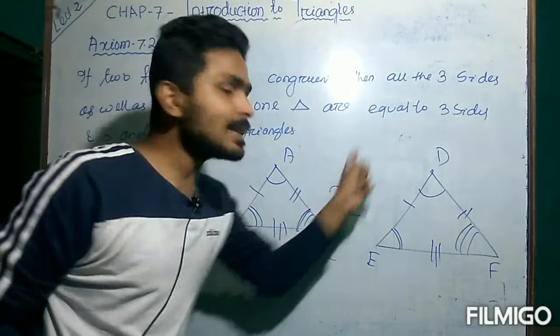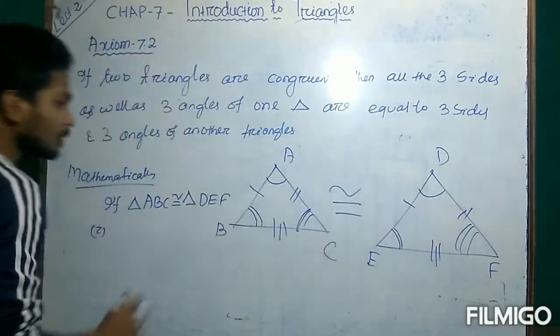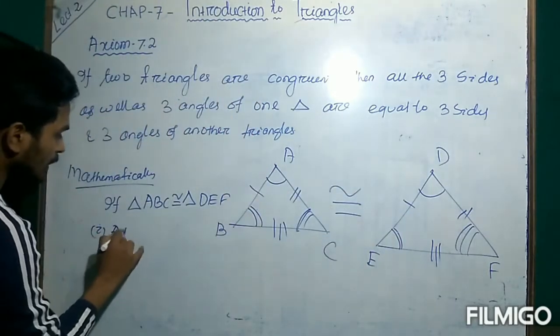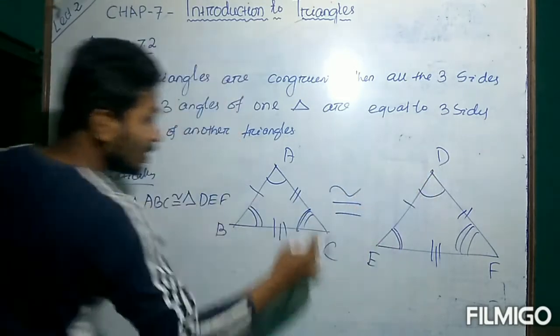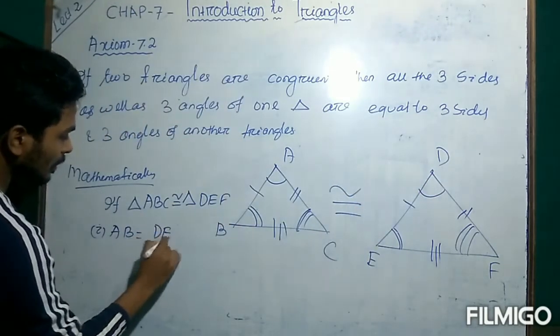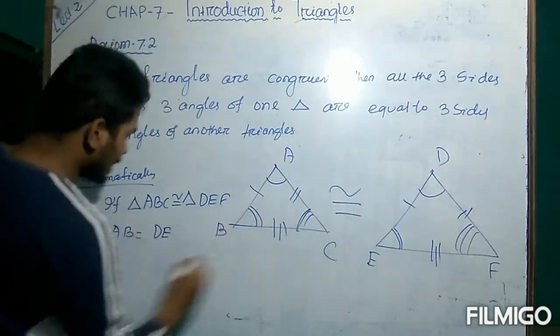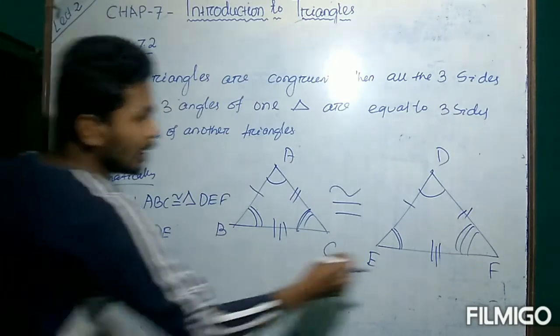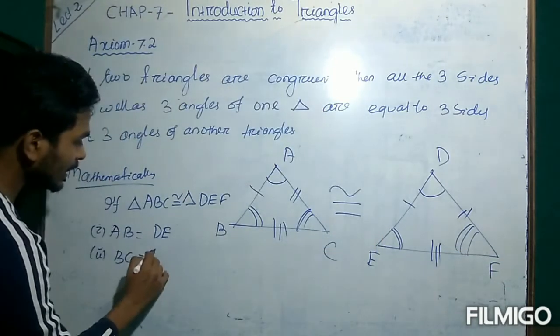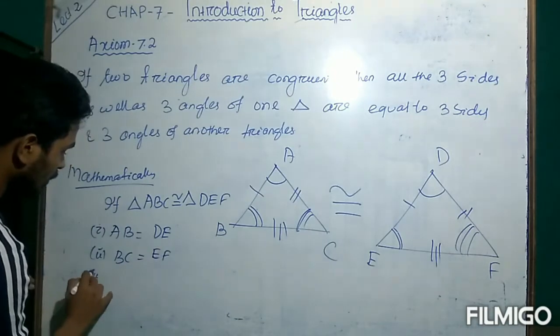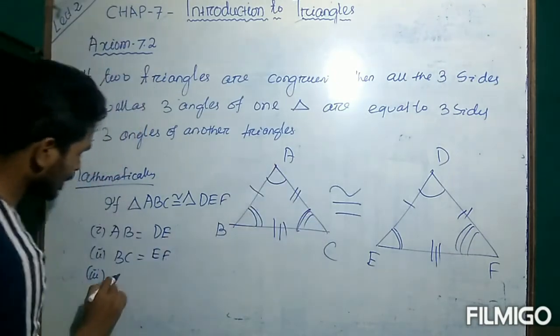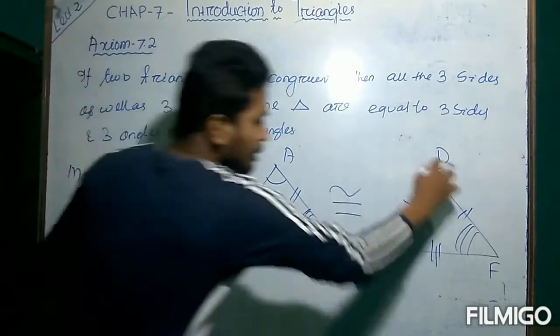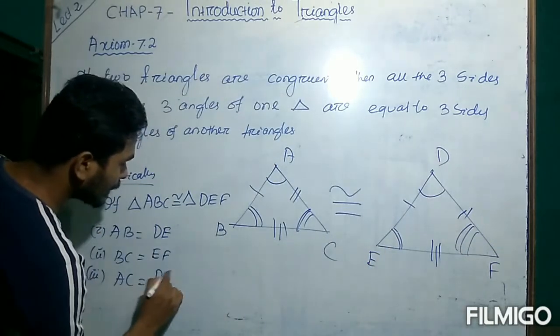Their corresponding sides are equal. Okay, so AB is equal to DE of another triangle, BC is equal to EF of another triangle, and AC is equal to DF of another triangle.